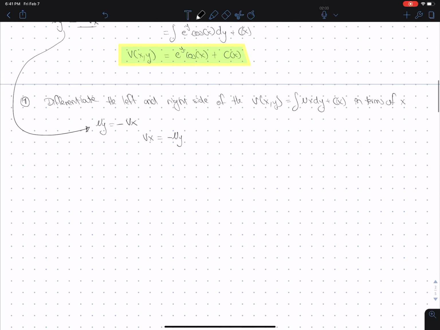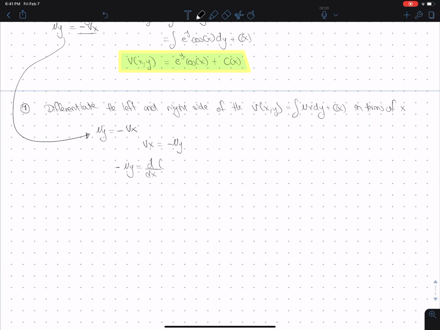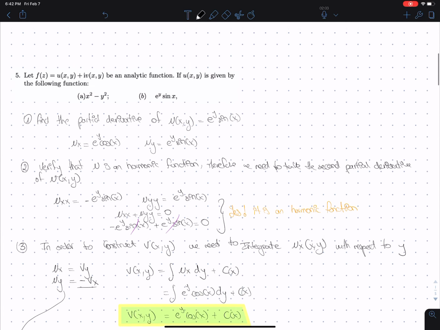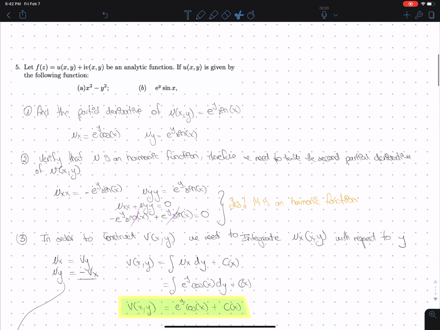So it means that it is the partial derivative of u of y, which is going to be equal to the derivative in terms of x of b of x and y. Therefore, negative u of y. What was my partial derivative of u of y? My partial derivative of u of y is this.